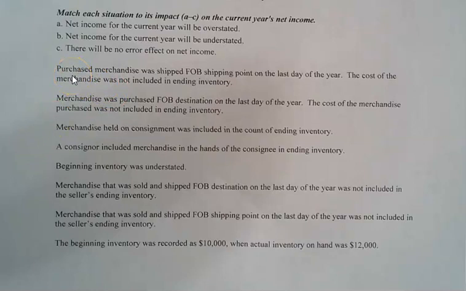It says purchased merchandise was shipped FOB shipping point on the last day of the year. The cost of the merchandise was not included in ending inventory. Okay, so the fact that it says purchase, we're talking about the buyer here.